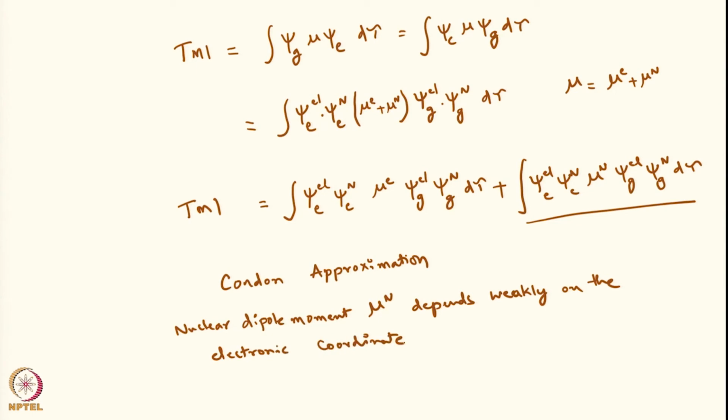So, this dependence on these coordinates is very weak, that is why we can neglect this term. And this neglect is called the Condon approximation.